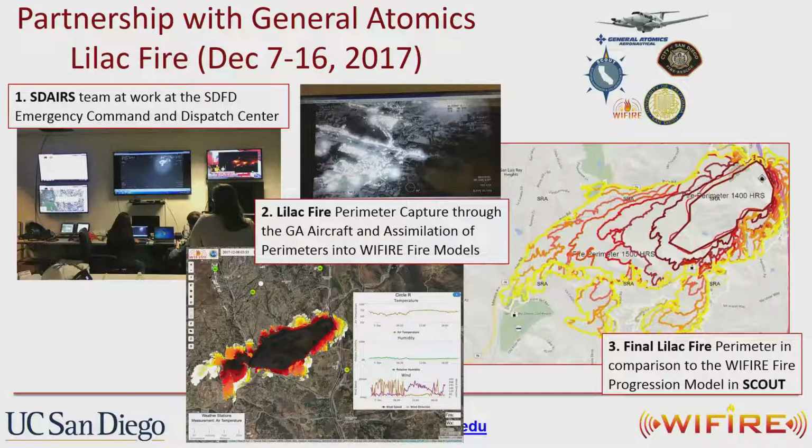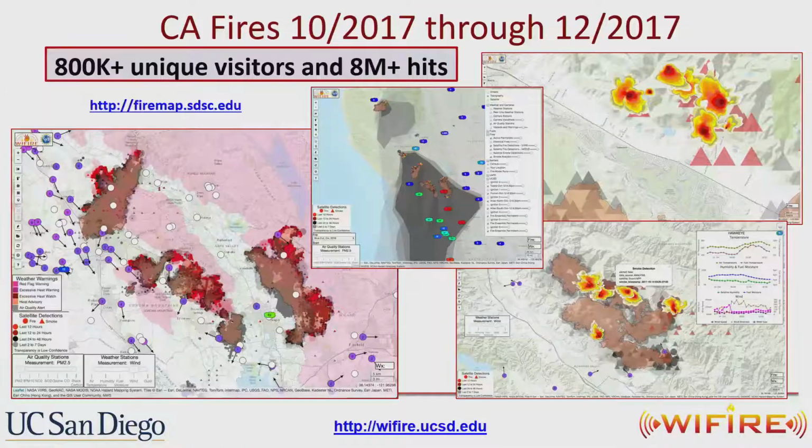And the products that we generated were then communicated through those shape files and shared through many different ways, but this was one way of sharing through the state scout system, then it gets distributed to the fire response agencies through where it needs to go.